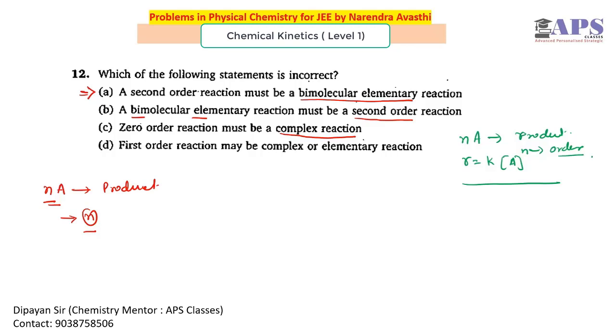Now thing is that if it is a zero order reaction, the n will become 0, which is not possible. Okay, and obviously first order reaction may be complex and elementary both. Okay, so our answer should be option A, which is incorrect in nature.